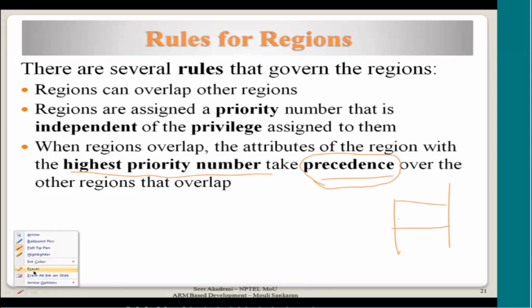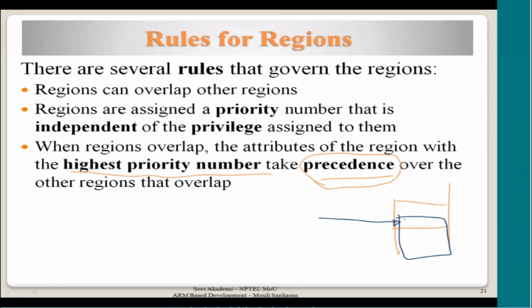Now suppose the ARM processor gives an address which falls under the overlap, it will not know whether to take this attribute or that attribute. In that case, if this region happens to be 3 and this region happens to be 0 in priority number, then the attributes belonging to 3 will be considered.